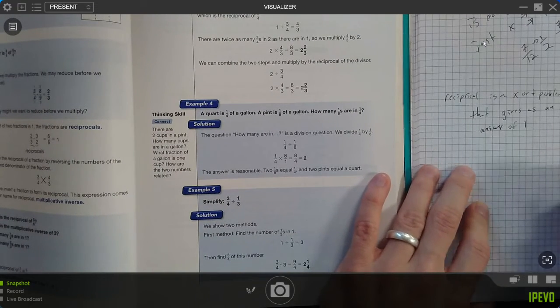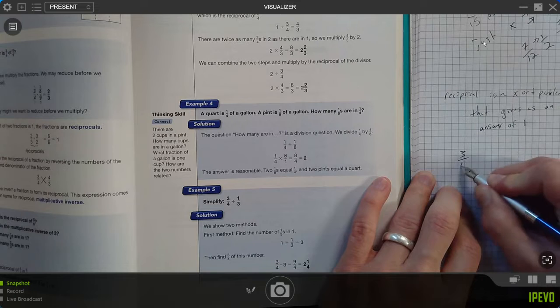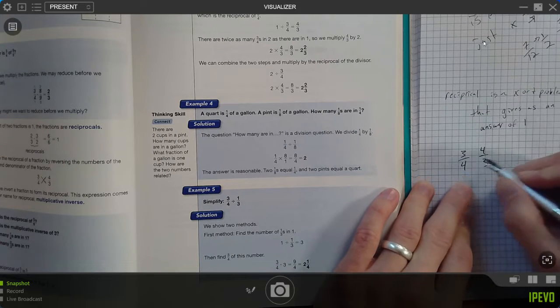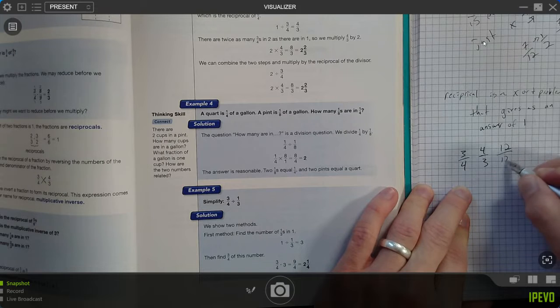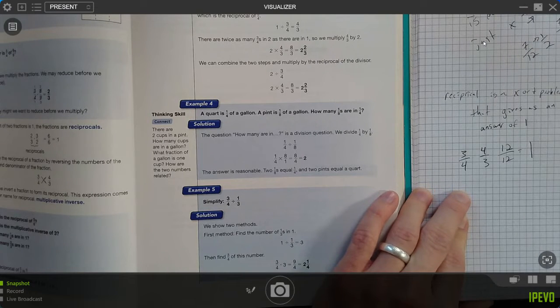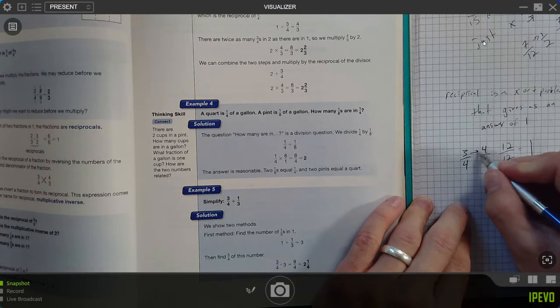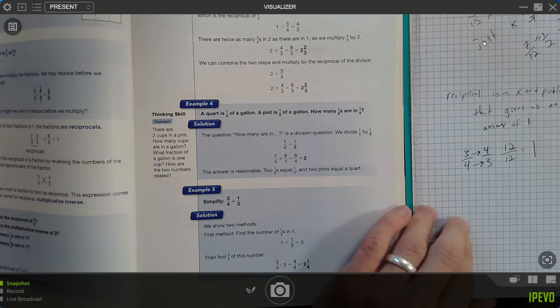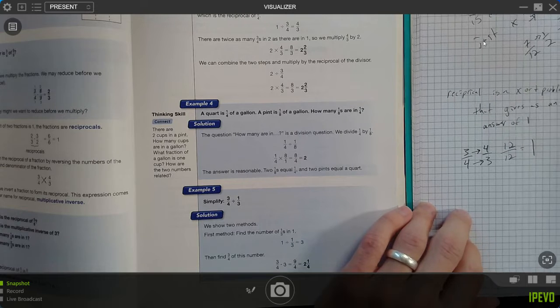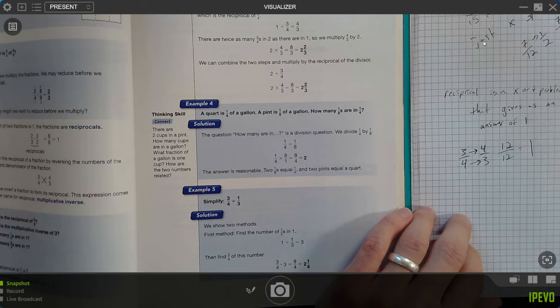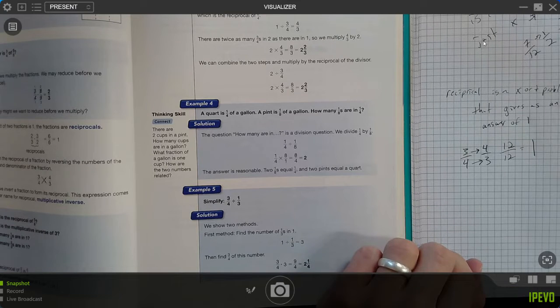So in their case, 3/4, if I multiply it by 4/3, I'm going to get 12/12, which equals 1. Okay. 3 times 4, 4 times 3. That's what they're getting at here, okay? That is helpful. It's good to know how to go ahead and turn something into an answer of 1.